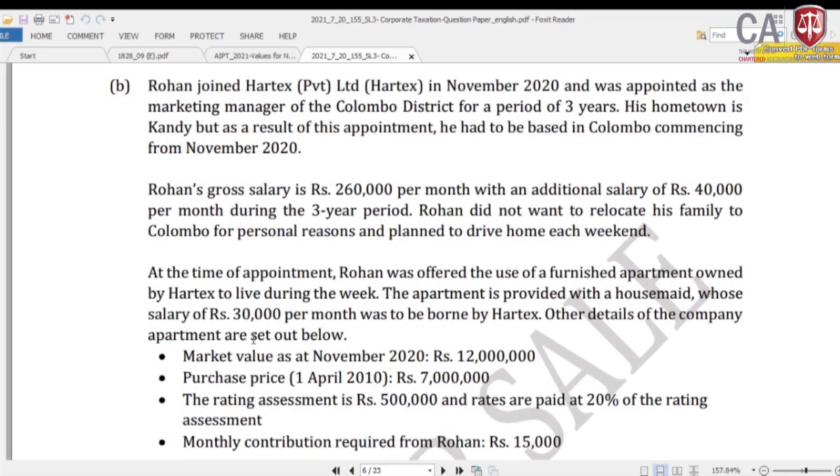Rohan's gross salary is Rs. 260,000 per month with an additional salary of Rs. 40,000, altogether Rs. 300,000 per month during the 3-year period. Rohan did not want to relocate his family to Colombo for personal reasons and planned to drive home each weekend.